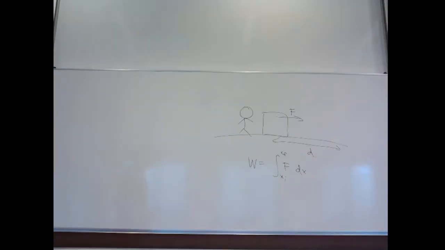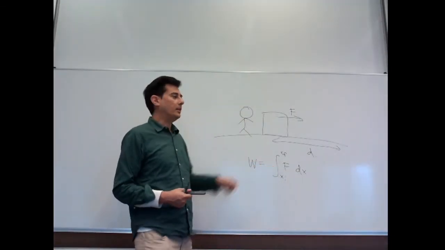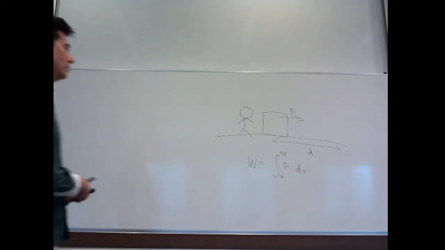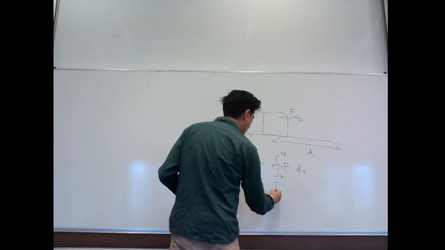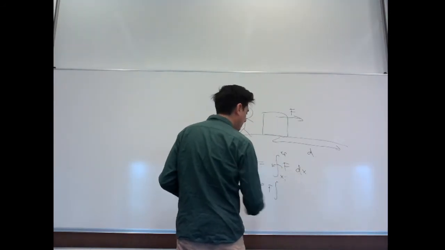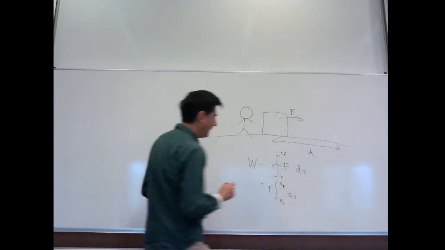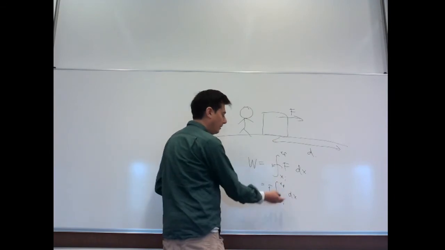So if this is the general formula, force integrated with respect to distance, but the force is actually constant, then we can take it outside the integral. And then the integral just, this is a 1 here basically, right?